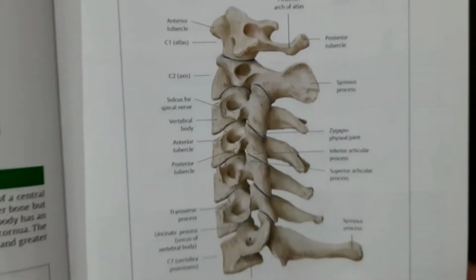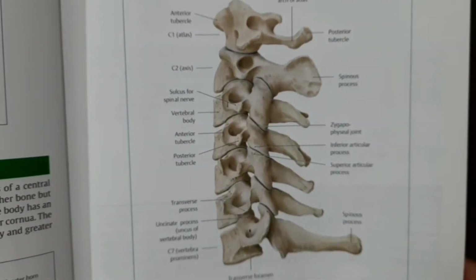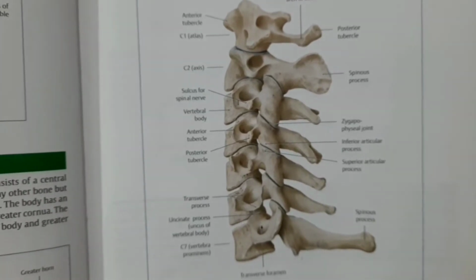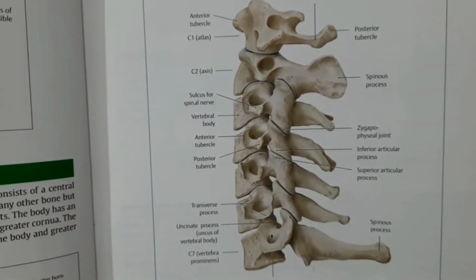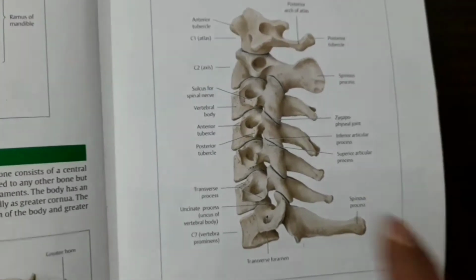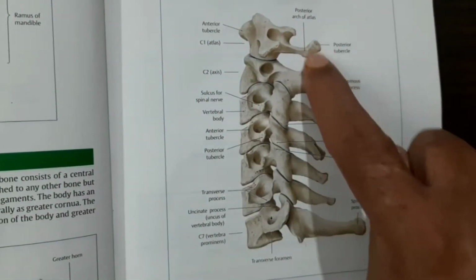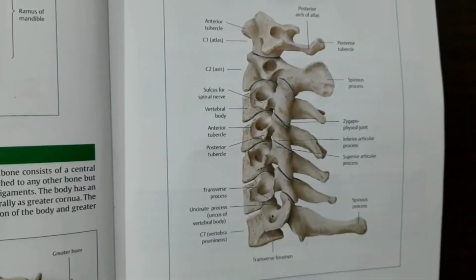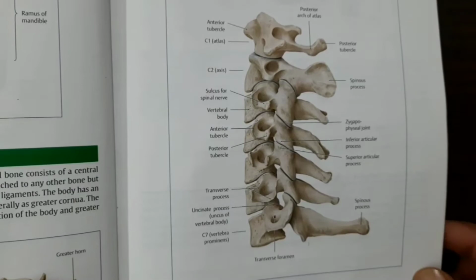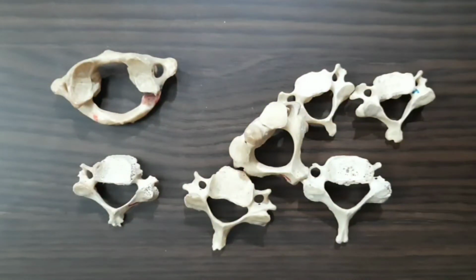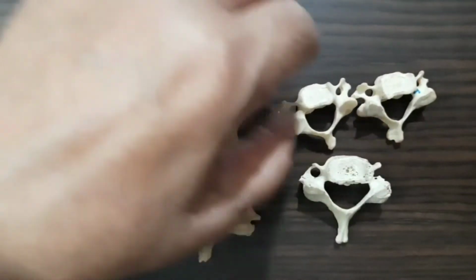You can see the 7 cervical vertebrae forming the cervical vertebral column, and it is convex anteriorly. This is the anterior aspect, this is the posterior aspect, and there is a slight convex curvature.